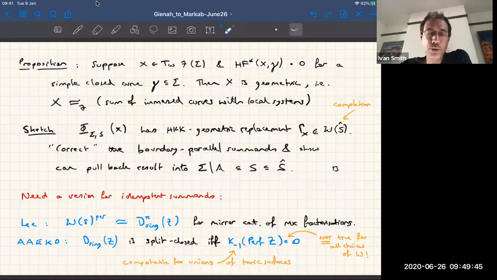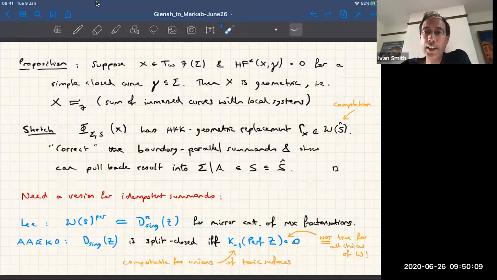But Lee proved this sheafification of the Fukaya category in this case in order to prove a mirror symmetry statement. She proved that the derived Fukaya category of a surface with punctures is the split-closed category of singularities or matrix factorizations on some mirror Landau-Ginzburg model.